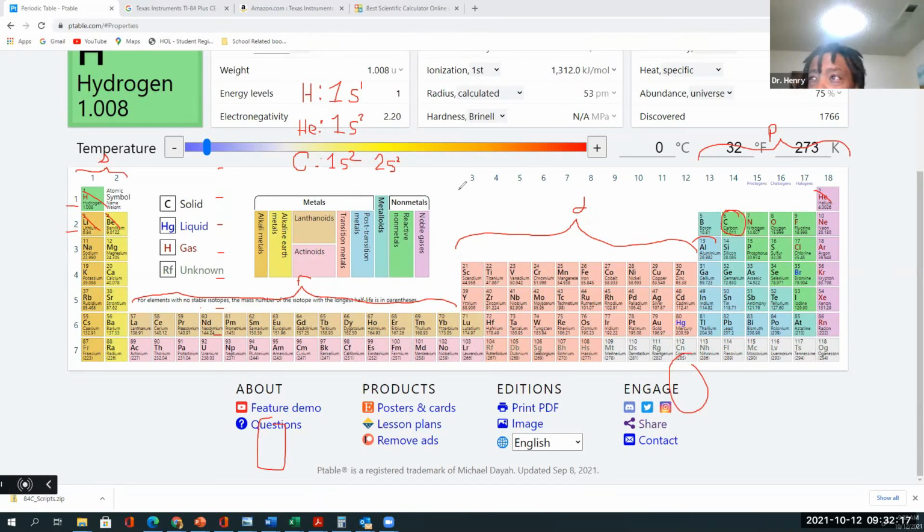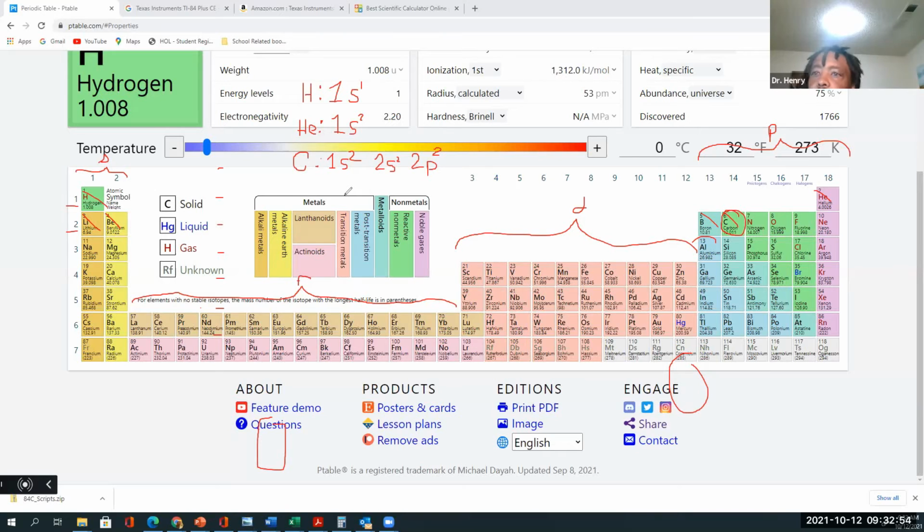Then this guy's P, so then it would be 2p, and that's 1, 2. Do you guys see that? So the exponent is always how many electrons they have? That's right. The superscript number following the subshell is the number of electrons in that subshell. So that has 2 electrons in the P subshell.